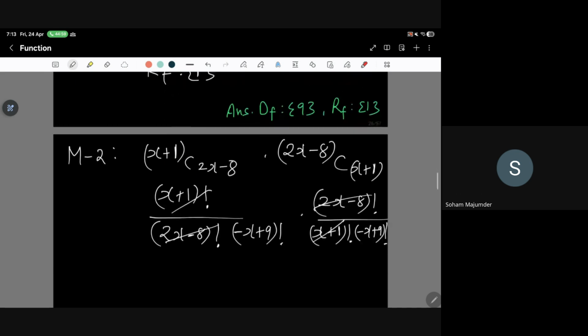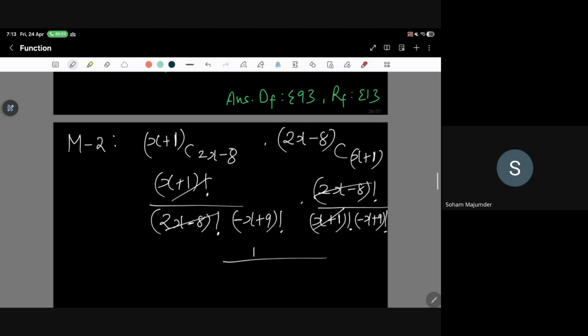This cancels, and we are left with only 1 upon ((−x+9)!) whole squared.